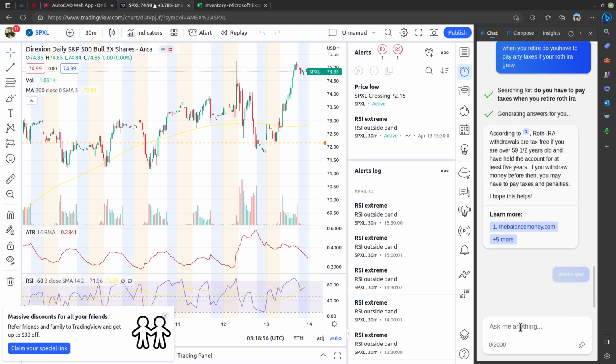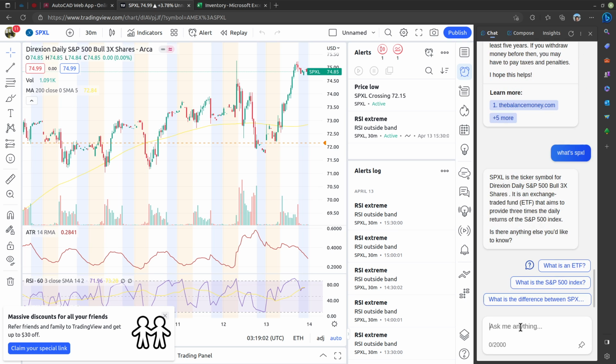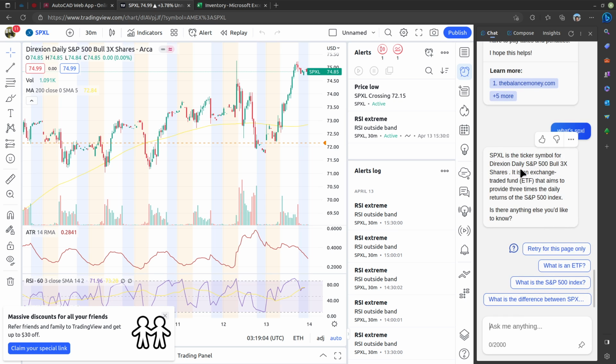SPXL is a symbol for the name of this company, Daily S&P 500 Bull 3X. Okay, this is another word that I was going to show you. It's called leverage. It has leverage of 3 times the S&P.